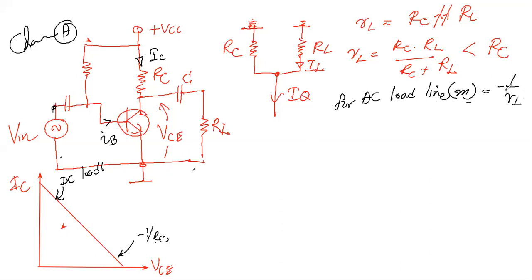So if you consider the inverse value for the AC load line, it is something like this. This one represents the AC load line. This tangent value is equal to minus 1 over RL.